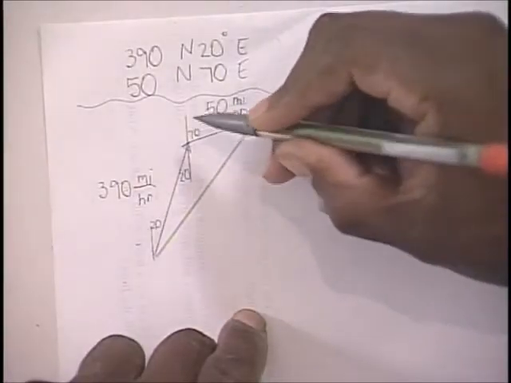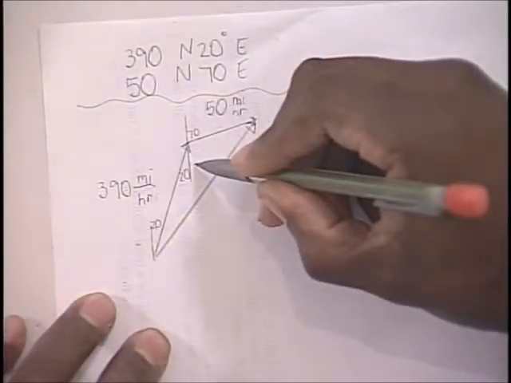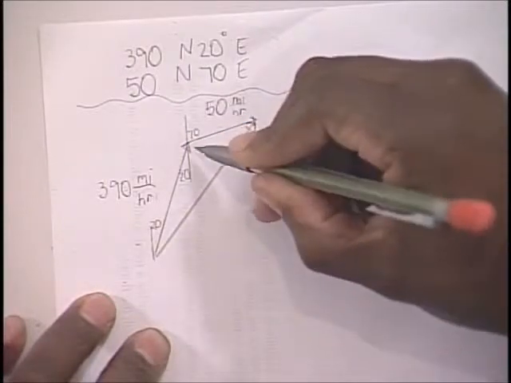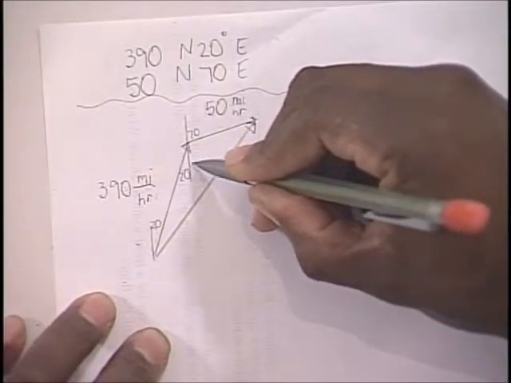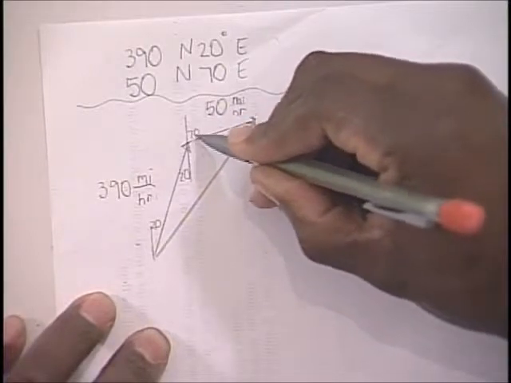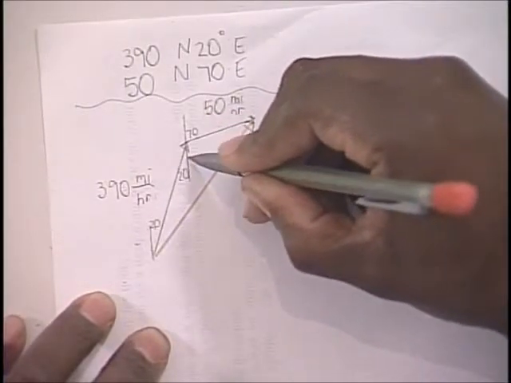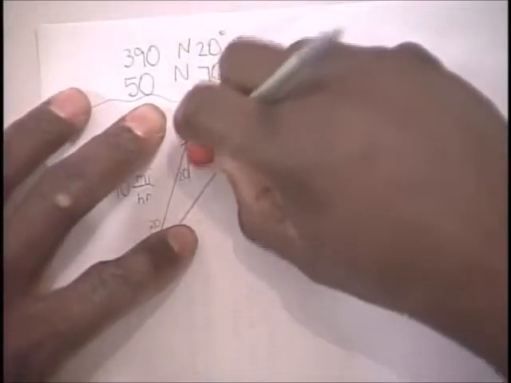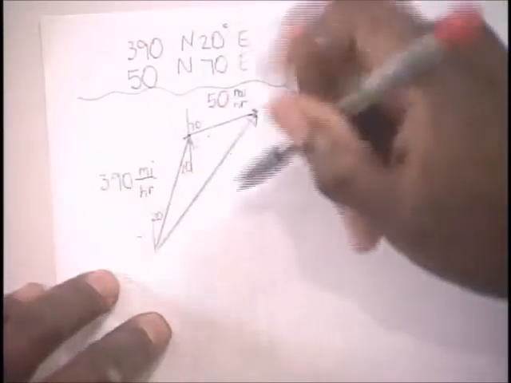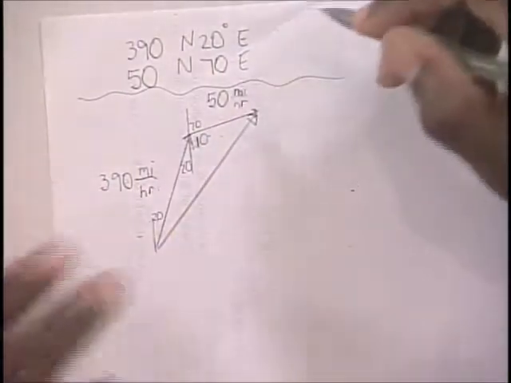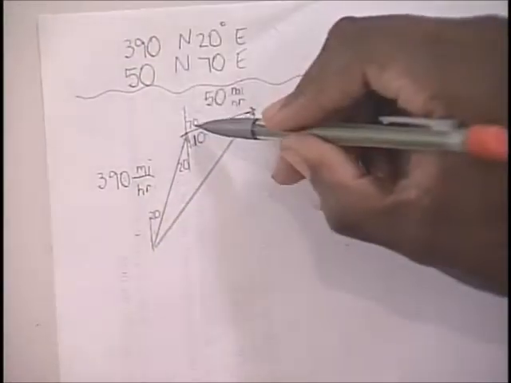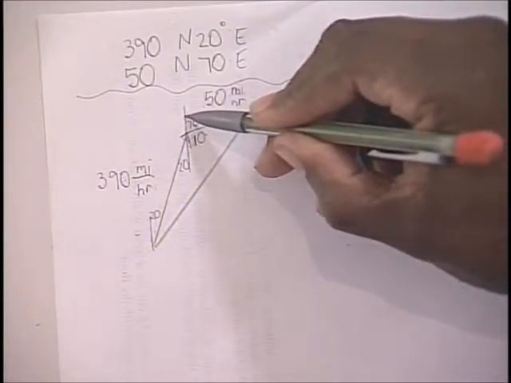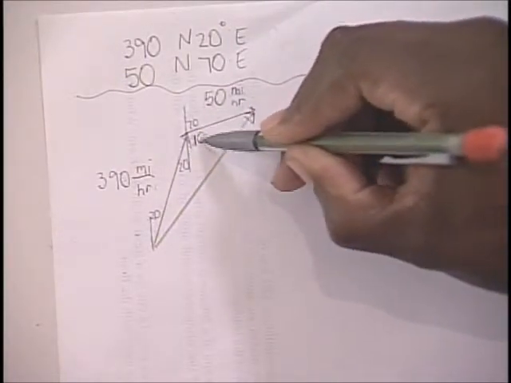Using your geometry skills, you could discover that if this is 70 and this is a 180 degree straight angle, this angle there has to be 110 degrees, forgive me, because all of this has to add up to 180.